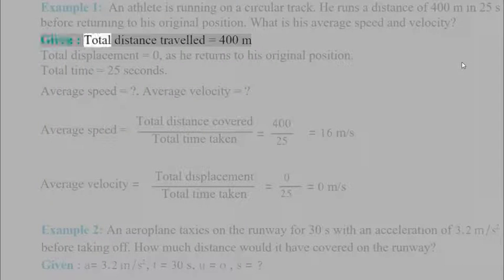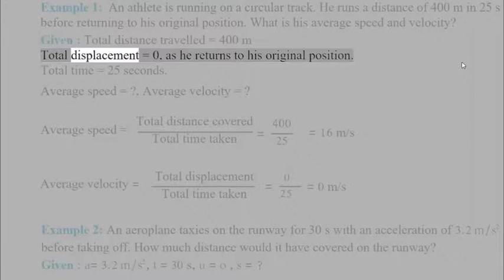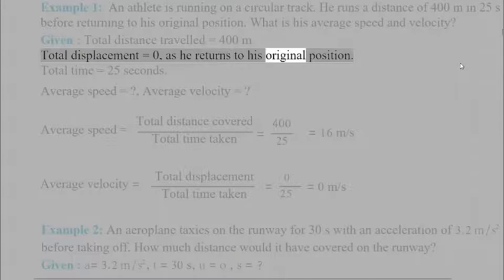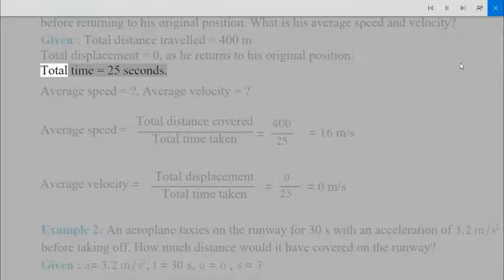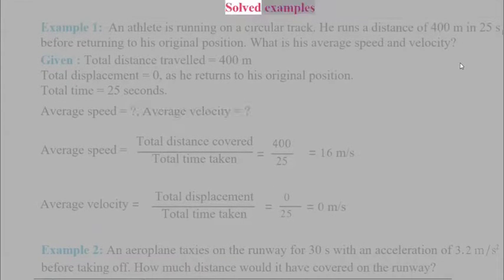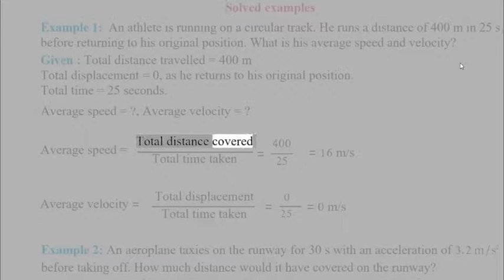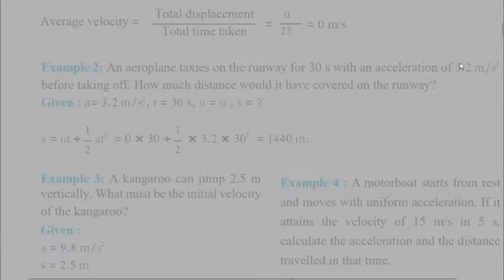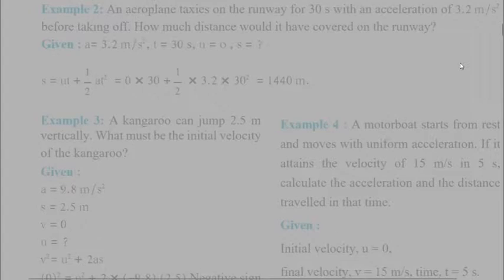Given, total distance traveled equals 400 m, total displacement equals 0, as he returns to his original position. Total time equals 25 seconds. Average speed equals total distance covered divided by total time taken.